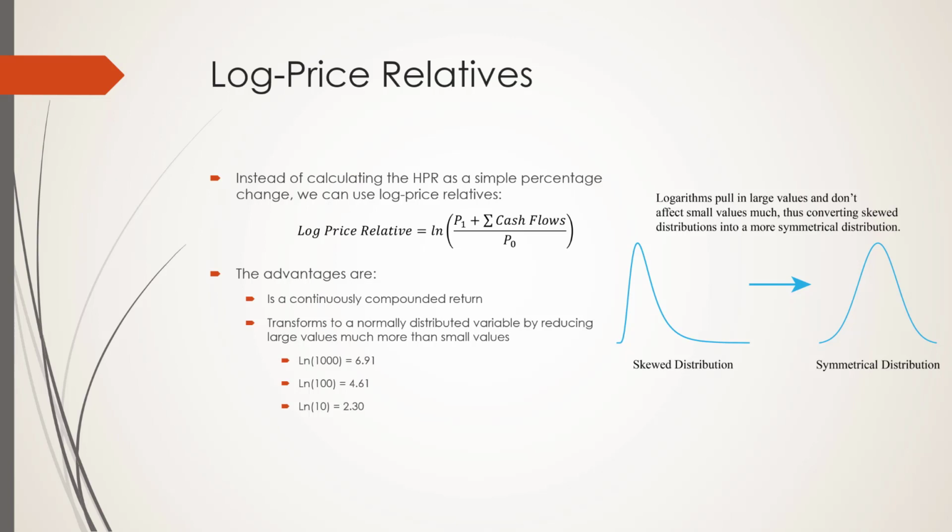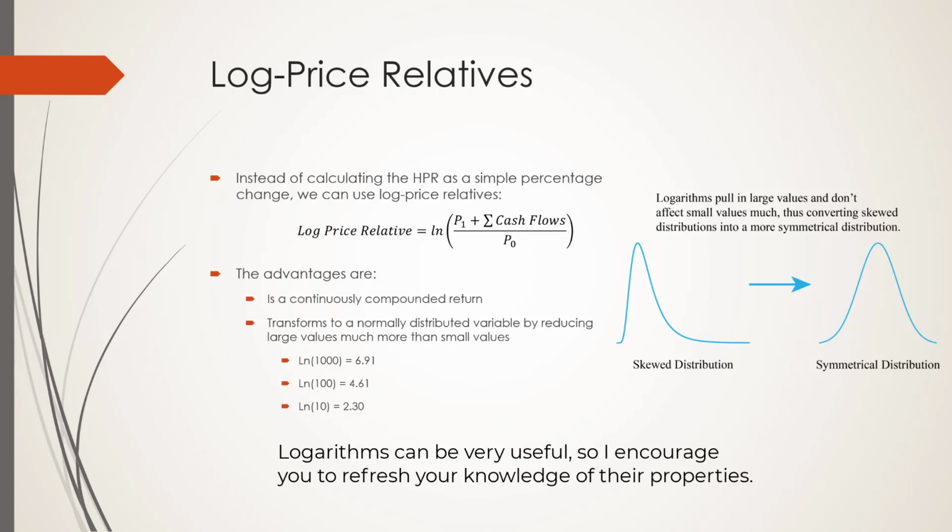And then one more example: the natural log of 10 is 2.3. So you see what's happened is the big numbers like 1,000 were shrunk a lot more than the small numbers like 10. And so it brings the right-hand side of that distribution in, and we end up with something much more like a symmetrical distribution. Generally speaking, this improves the statistical qualities of any calculations that we do.